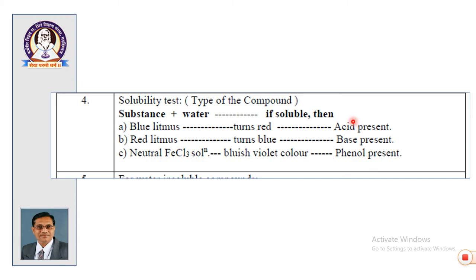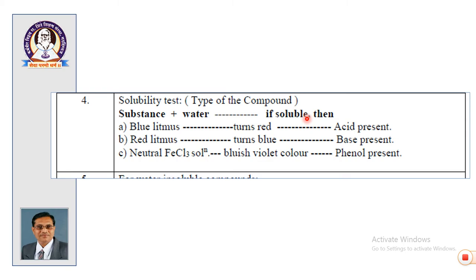So, turning blue litmus red, acid, turning red litmus blue, base, and giving violet color to FeCl3 solution gives presence of phenol. So, this is only for water soluble compounds. If your compound is water soluble, then you have to try this.